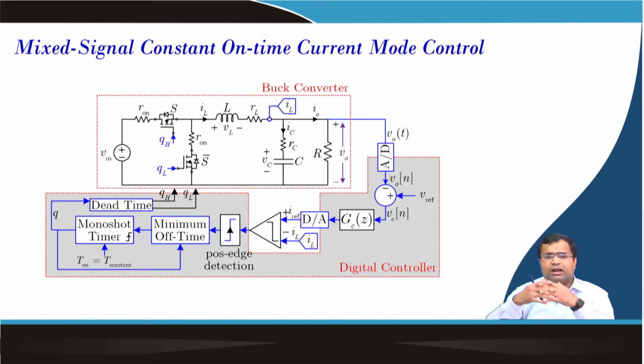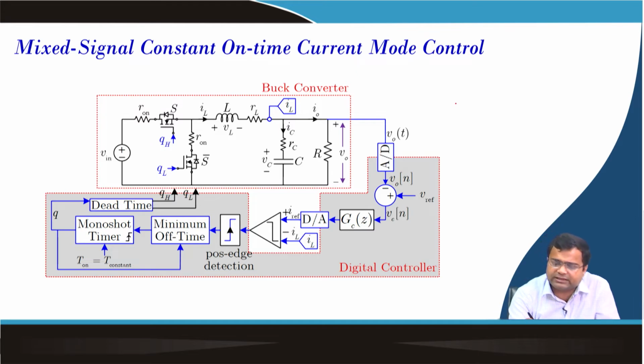Fixed frequency valley control is not so popular, but this constant on time current mode control is very popular, because if you are talking about data center applications, even low duty ratio POL applications, where the on time is small, peak current mode fixed frequency will be stable, but it will be difficult to implement at high frequency, because you have to take care of the comparator action and everything. But constant on time is very popular for low duty ratio operation, because the on time is just a timer, and during off time you will get a large time.